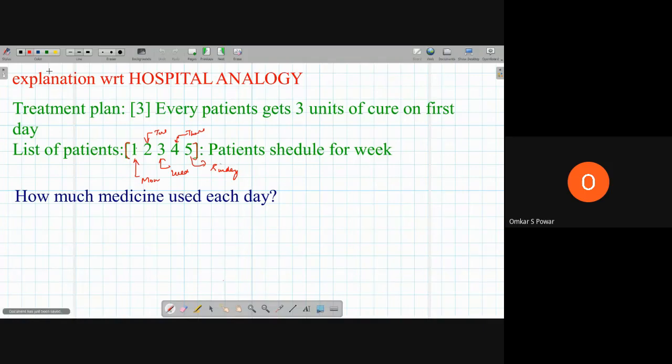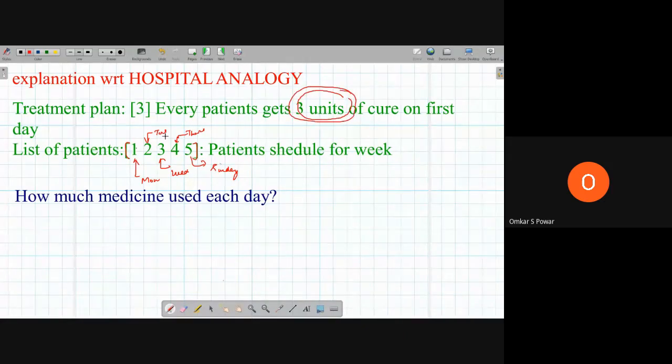For example, you take the COVID situation which is going around. Then there are patients, and there is a vaccine cure for them. Let us take a condition where a patient requires 3 dosages for each day.